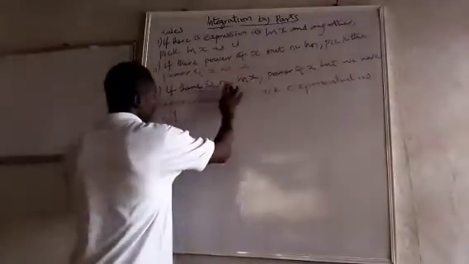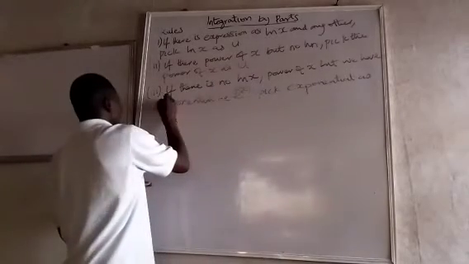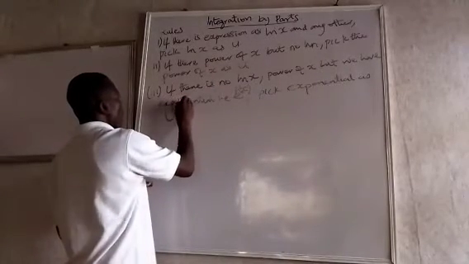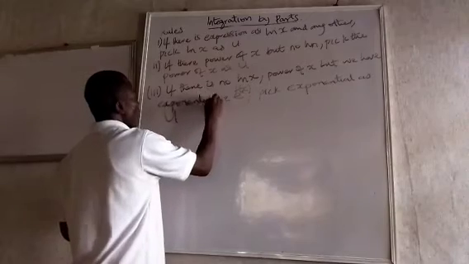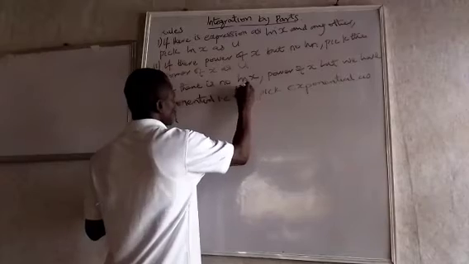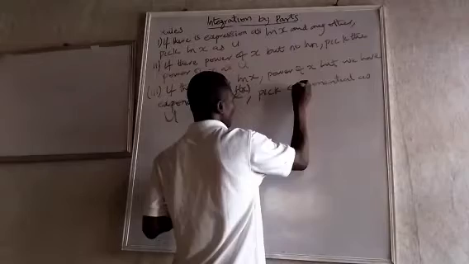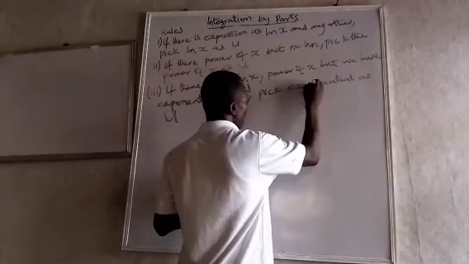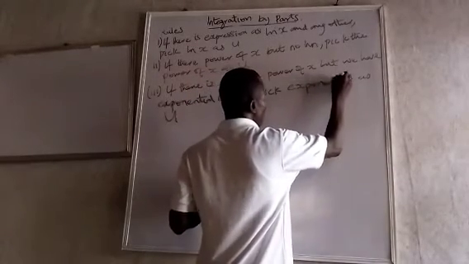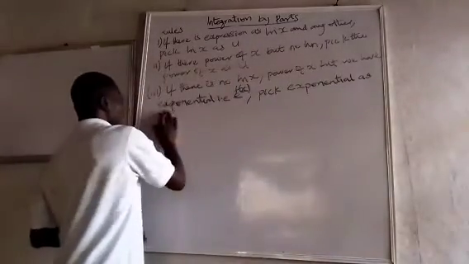So if there is no ln x, no power of x, but we have an exponential, that is e raised to the power f(x), pick the exponential as u.